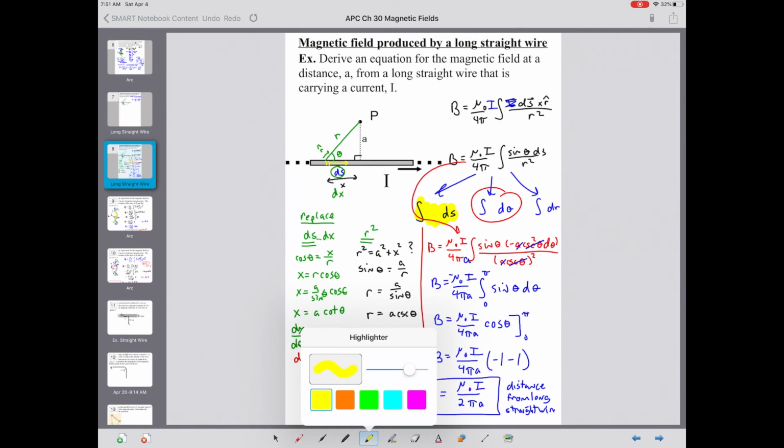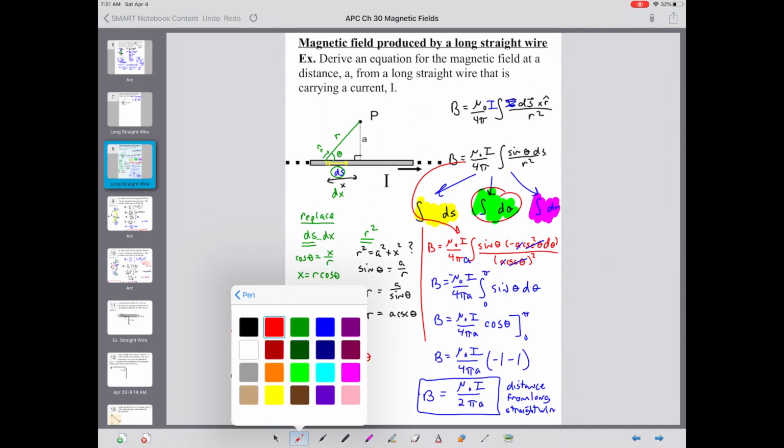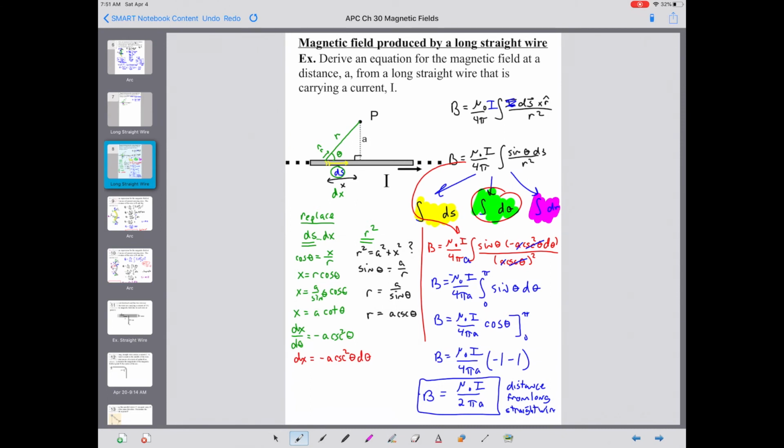We could integrate with respect to ds. We could integrate with respect to d theta. And we could integrate with respect to dr. Well, let's cross off the ones that are not terribly logical. If we think about integrating with respect to dr, we're not moving in the r direction, and that's a problem in terms of chunks.